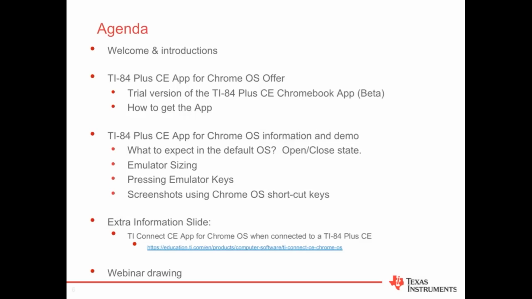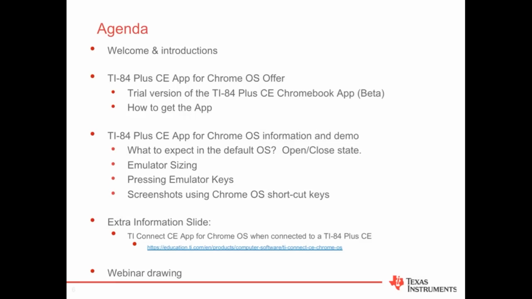Today we're going to go over the 84 Plus CE app for Chrome, so what it is, how to go get it, and I get to tell the boring part. Then Margot is going to tell the exciting part, which is information on how to use it and give a demo of how it all works and how you could use this with your students.